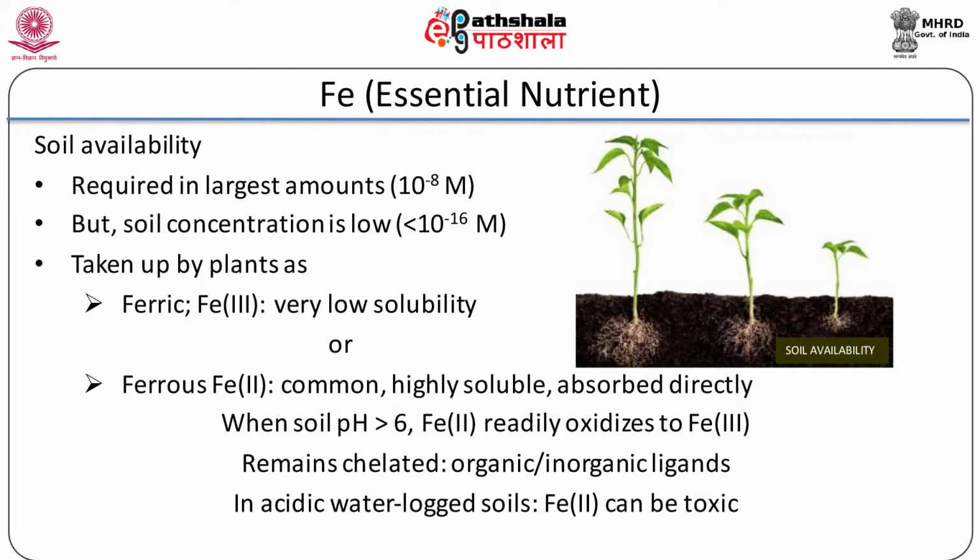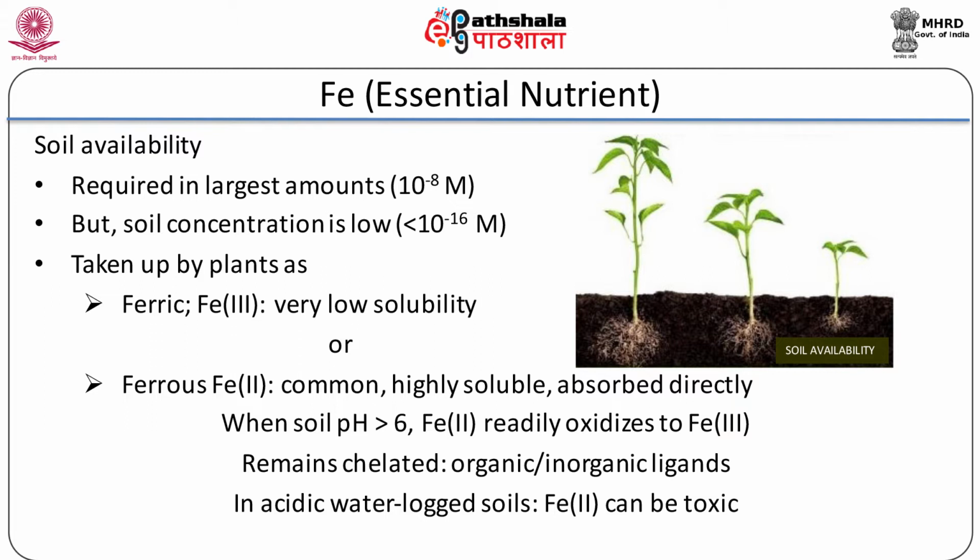However, under aerobic conditions, when soil pH increases above 6, Fe2 readily oxidizes to Fe3. The soil concentration of inorganic iron under such conditions is less than 10 raised to the power minus 16 molar, which is lower than required, that is 10 raised to the power minus 8 molar for plant growth.